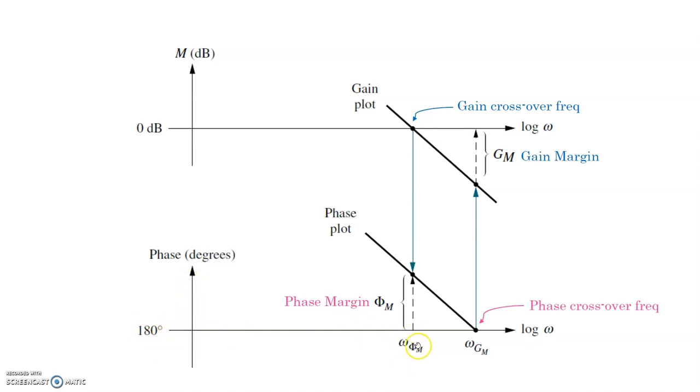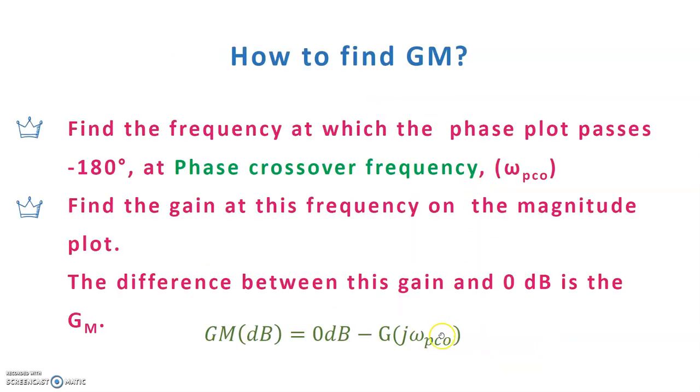This is the phase crossover frequency, omega PCO, in this case labeled as omega GM. Then we go to the magnitude plot, and this gain will be read as the gain at omega PCO. We use this formula to determine the gain margin.